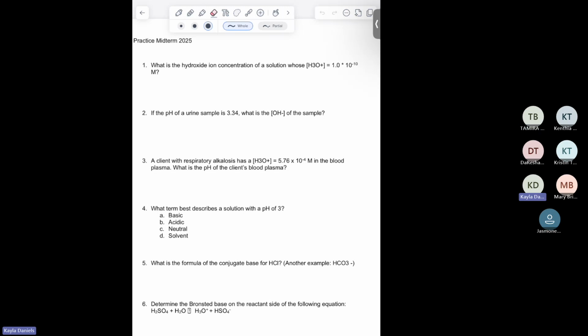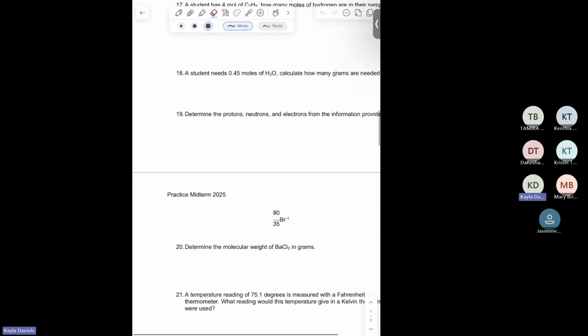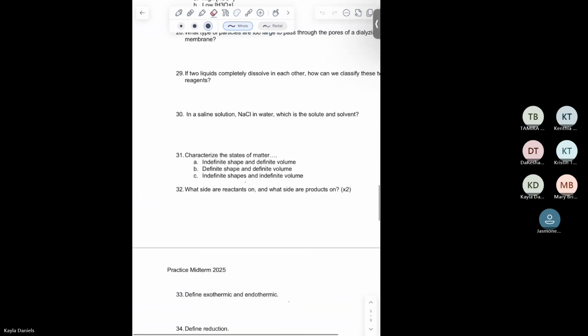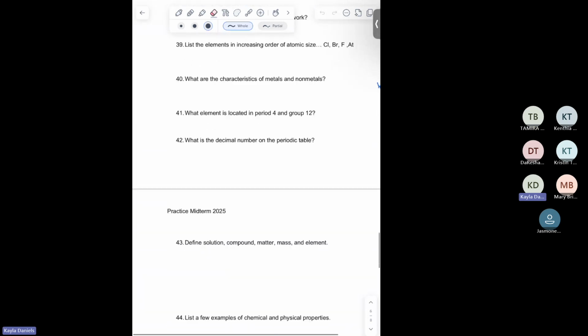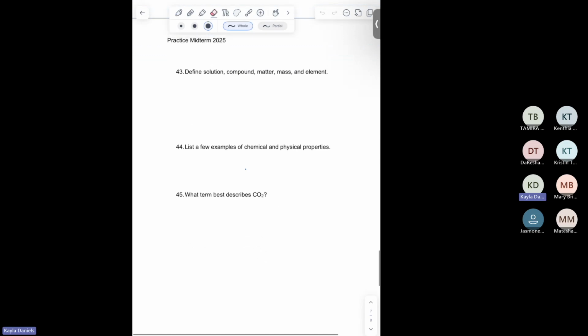Like number two, they talk about pH of a urine sample. I took the same thing, I just changed the pH. Your test is 50 questions, and I have 45 written here.